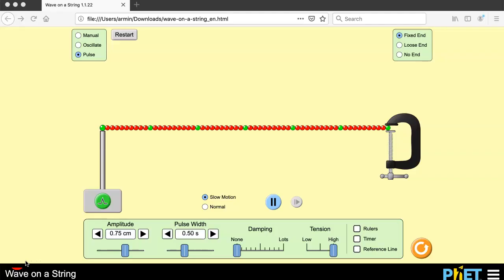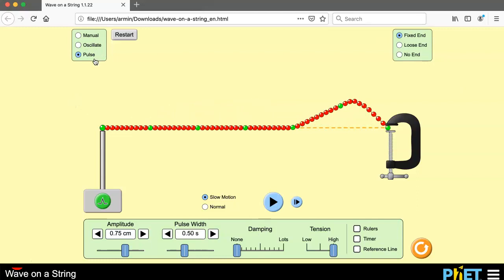Let's take a look at this in our simulation. So I can generate a pulse, right? It's traveling, and then it reaches this point, and that point is fixed. So because it's fixed, it pulls these beads down and causes this inversion of the pulse.